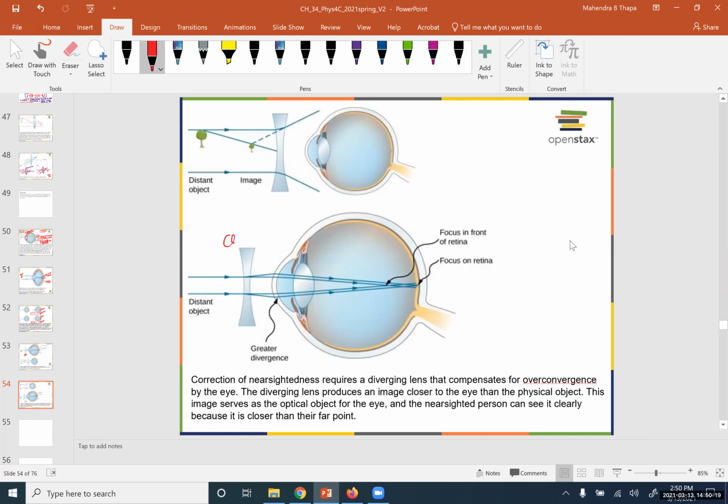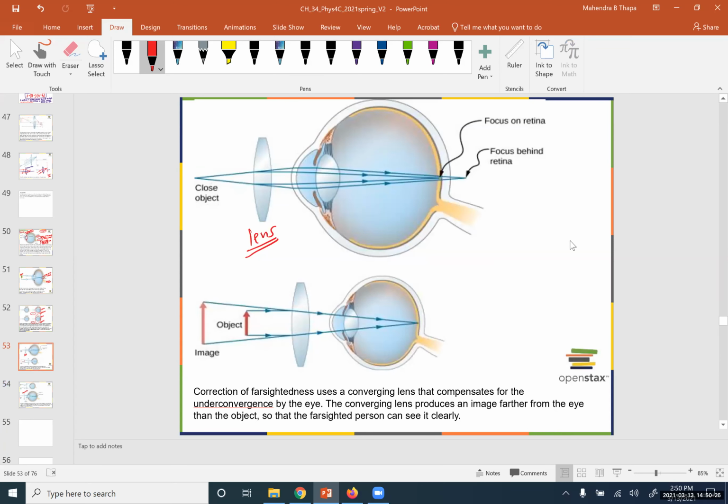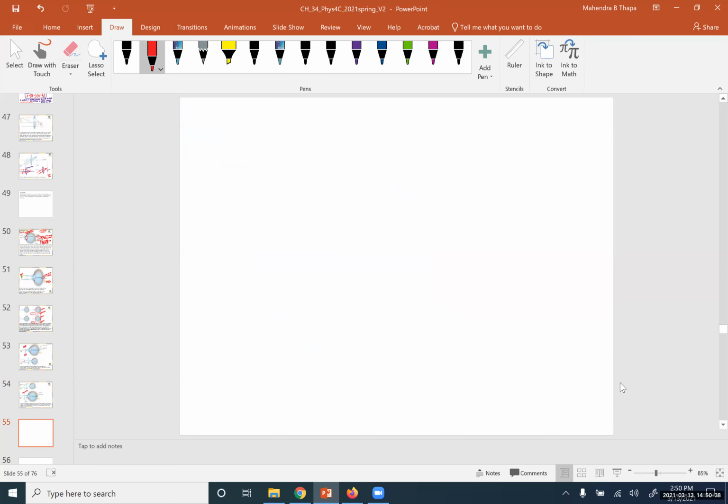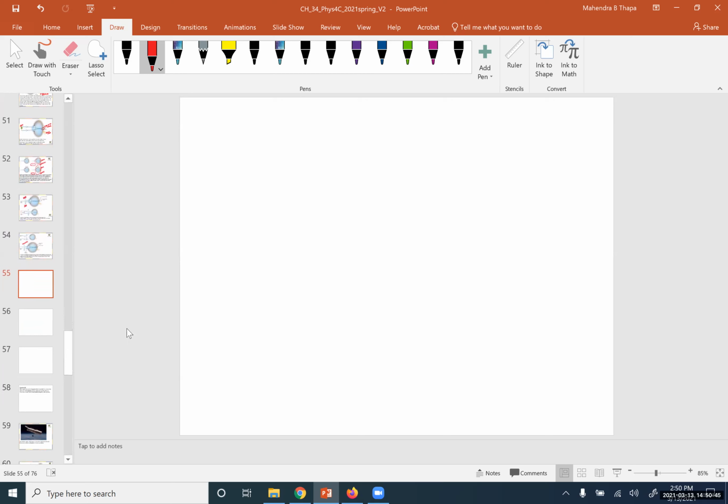This is the concave lens, and we also use the convex lens to get our eye free from those defects. Let's talk about this with some sketches.